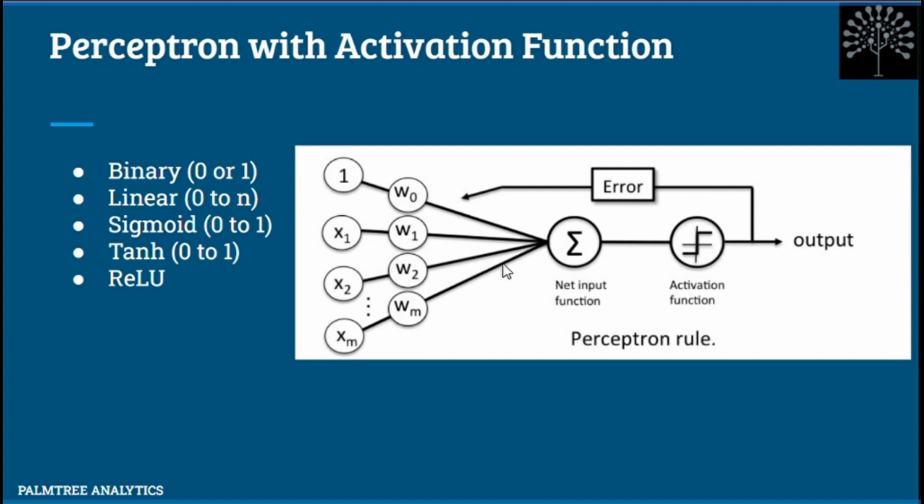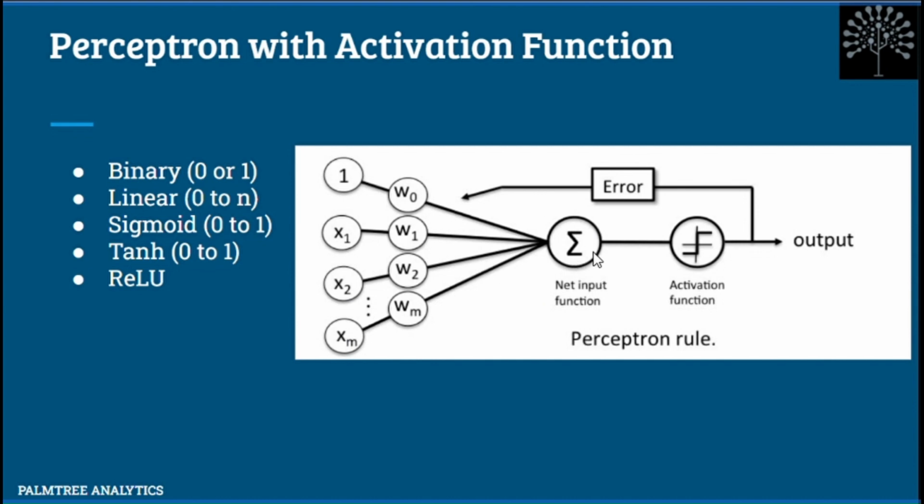What is the model here? This x1, x2, x3 and all will vary for any new experiments. But these w0, w1, w2, w3 are the weights you will get. These are the weights, and this is the input function, and then the activation function. Here I am using summation. I may use a different one also, so don't stick to only this one, but for explanation purposes I am using this.